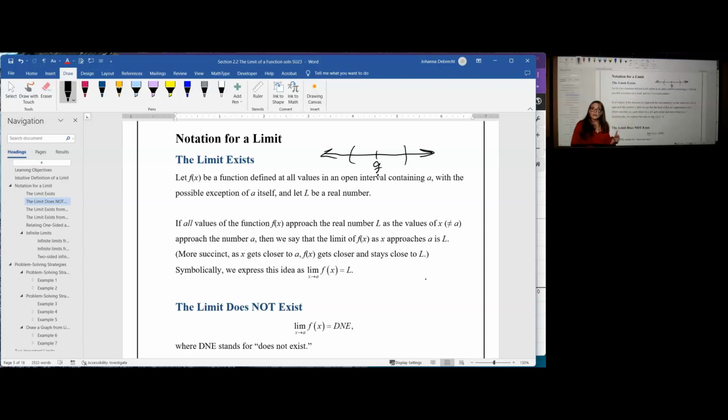We're going to let L, the limit value, be a real number. Remember, L is a y value, what the function gets close to as x approaches a.